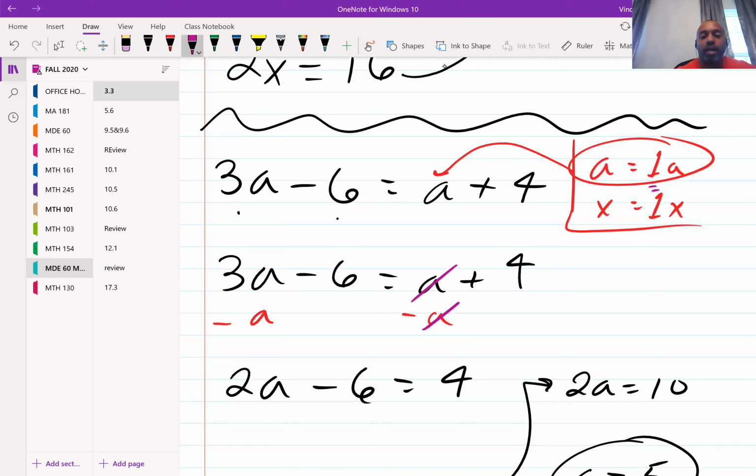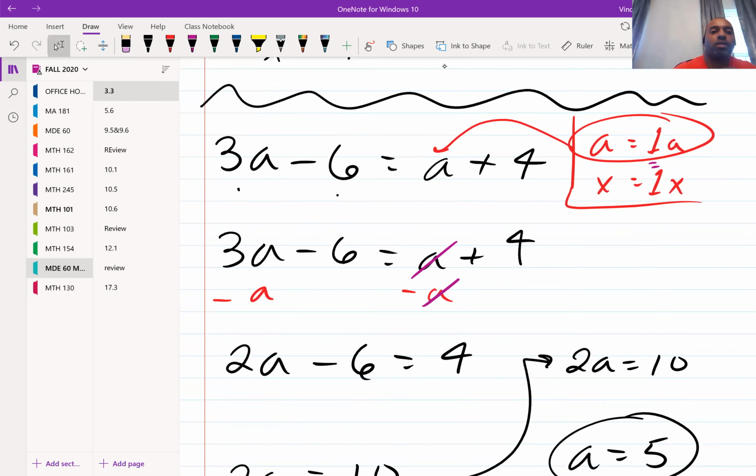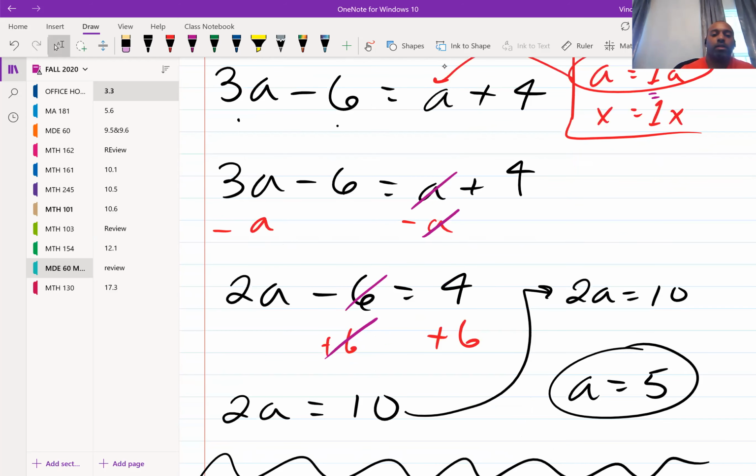All right, so we've got 2a minus 6 equal to 4. Now we want to get the 6 to the other side, so we'll add 6 to both sides. The 6 cancels. That leaves us with 2a equal to 10. Divide by 2.